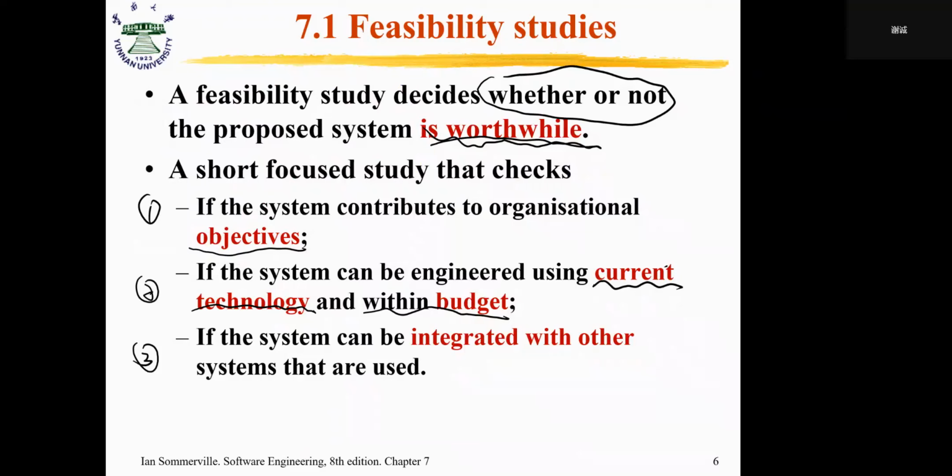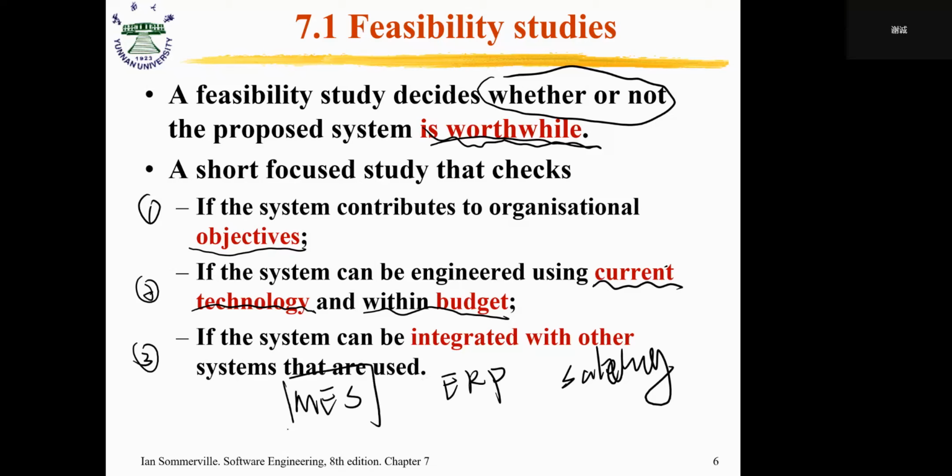And the third thing is you must check if the system can be integrated with other systems the customer already uses. This is also very important. For example, a customer asks you to develop a MES system, but in the customer company, they already have an ERP system. They also have the selling system.